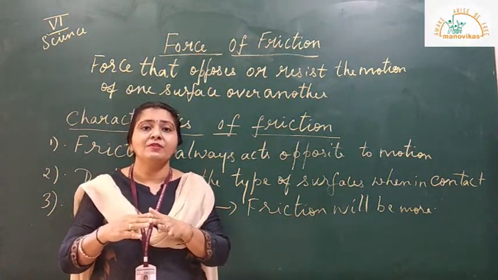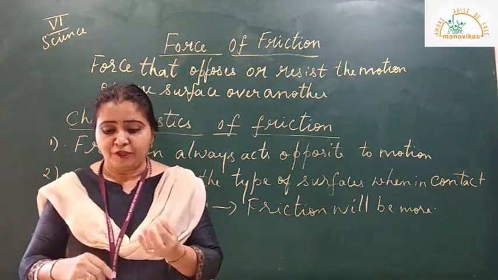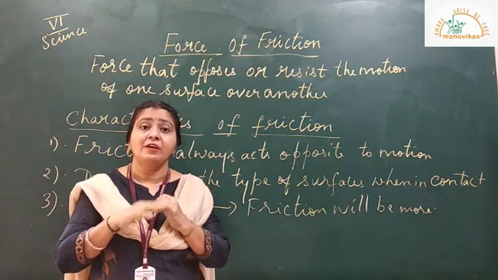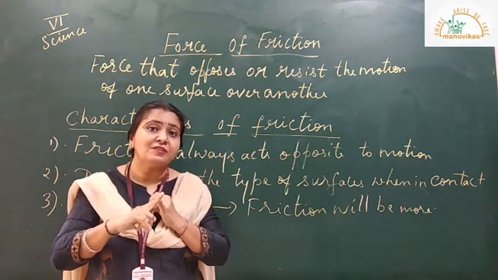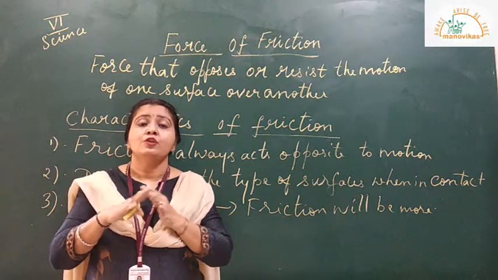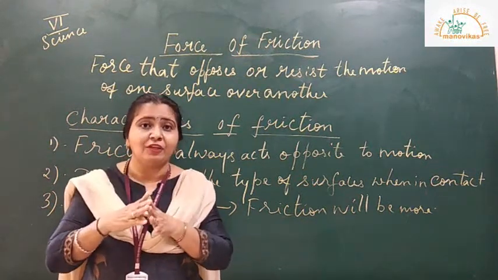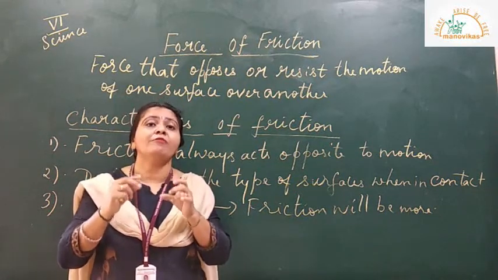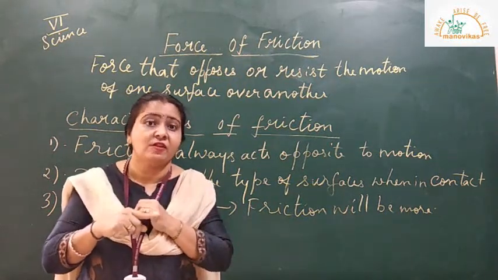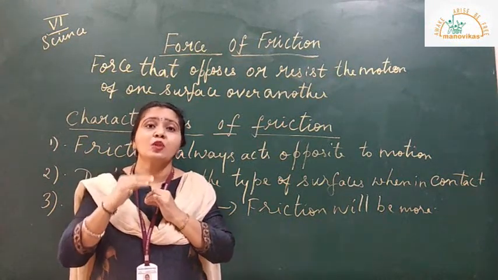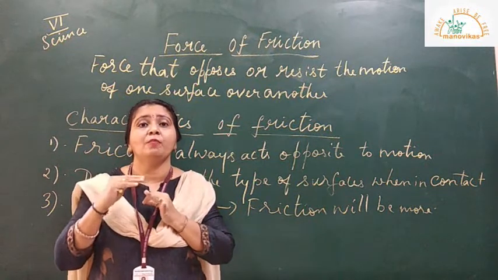So here any smooth surface is quite rough, consisting of depressions and elevations, and they slide over each other. The depressions and elevations lock into each other, causing resistance to motion. What do we mean by resistance? Resistance means it helps to slow down or stop the motion.